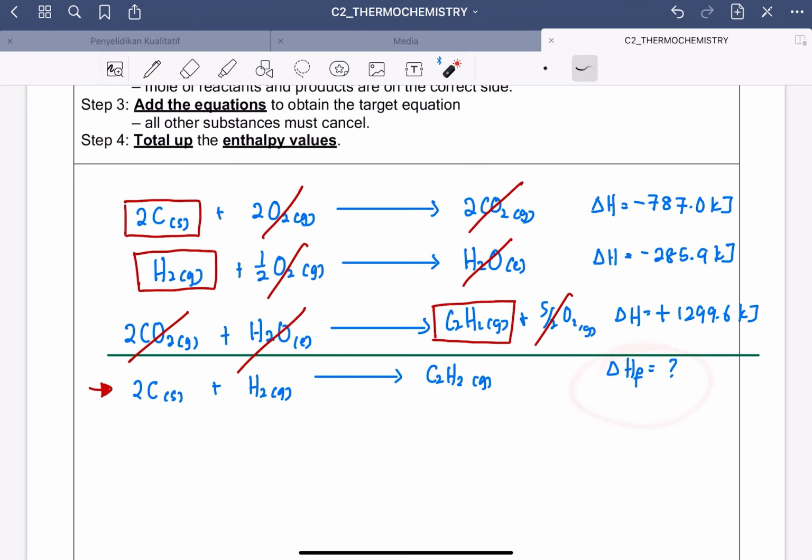How about the enthalpy? For the enthalpy, it's easy.